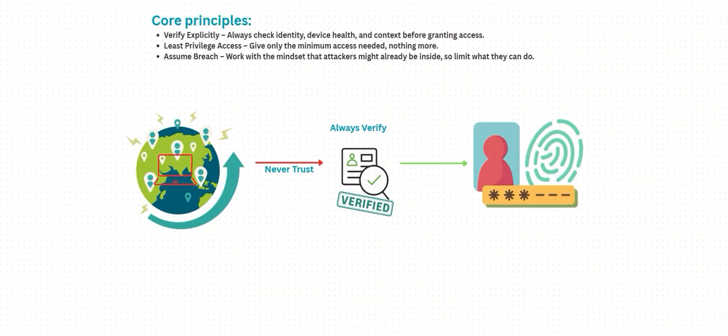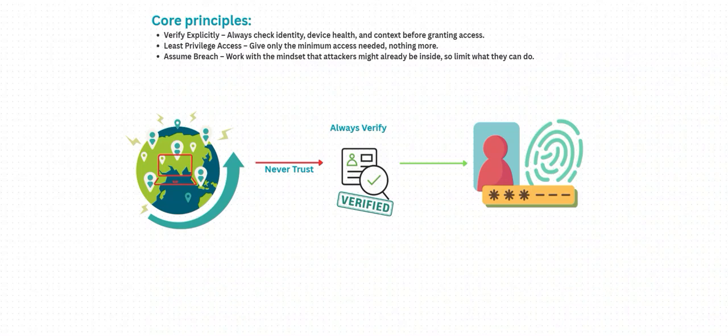So that's all about Zero Trust architecture, how it came into existence and why it is so important today. So let's do a quick recap of what we covered in this video. We started by understanding the old security model before Zero Trust. Then we looked at the traditional perimeter security and how it worked. Then we discussed the problem with the old model in today's modern cloud first world.